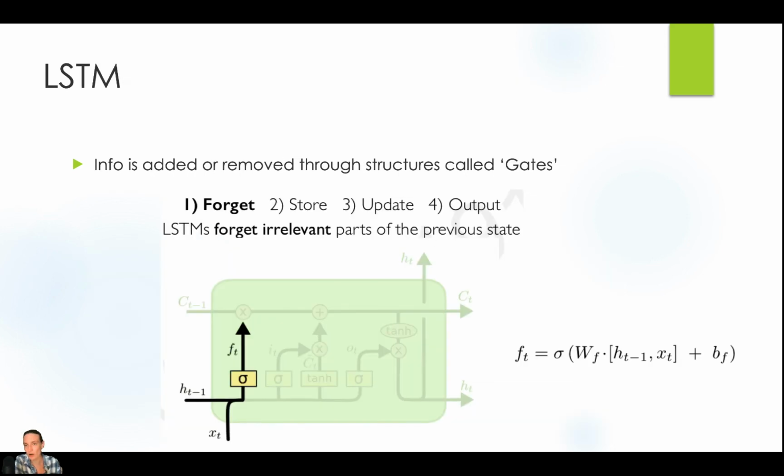All right, so LSTMs have 4 kinds of gates. So they do 4 types of actions. They forget information, they store information, they update, and they output the results. So first, it decides which information to remove from its state through the forget gate. All of these gates are represented as a sigma sign.